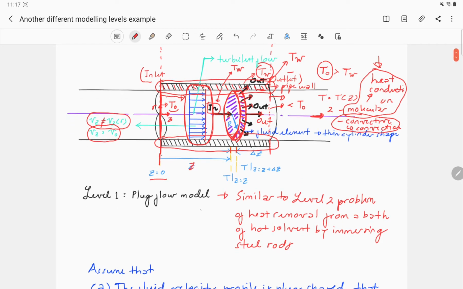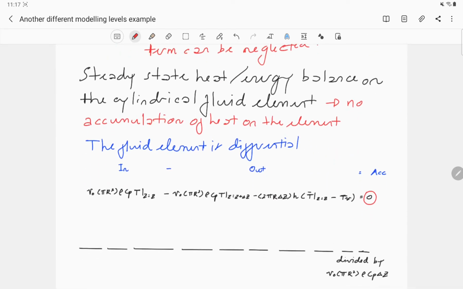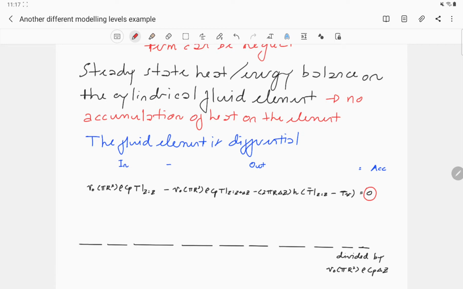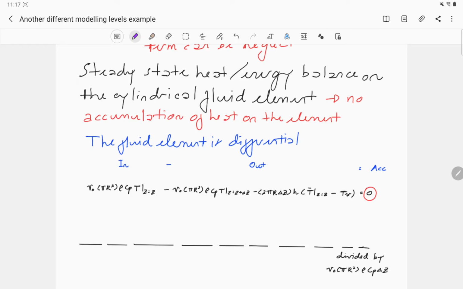So in essence, we have three different contributing terms to the steady state heat balance. The first one, what I would put in here, is the convective heat flow in.